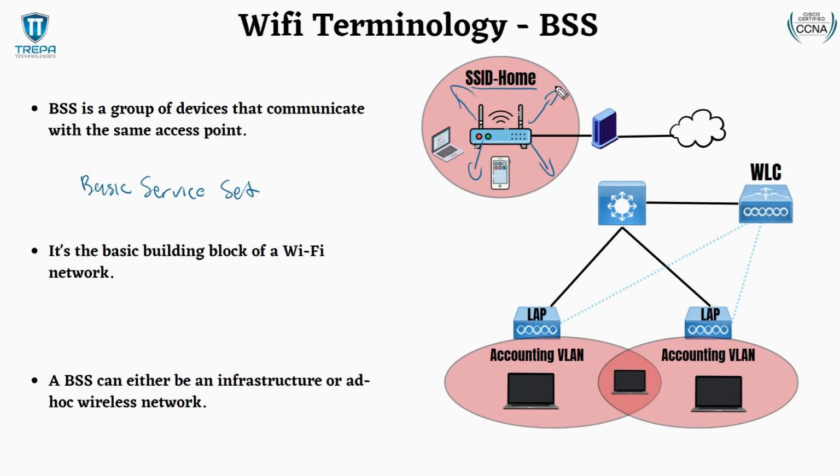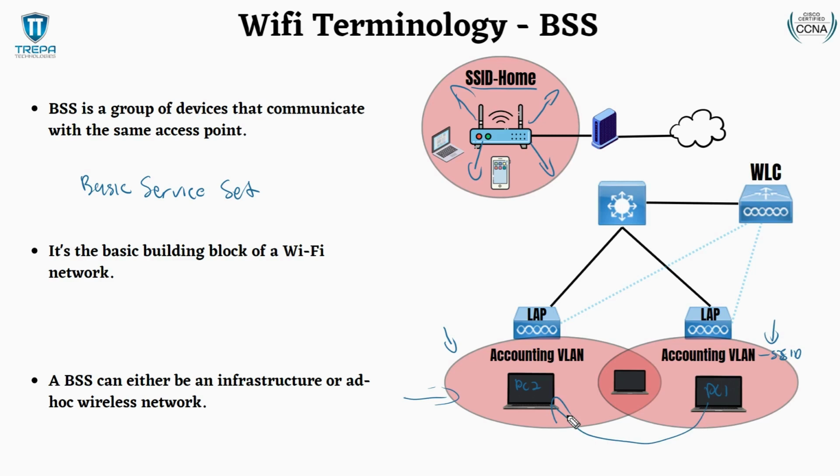Now, if you come down here and look at this network, what's going on here? So this is a basic service set, this oval, and this is a basic service set. They're different. Meaning that even if these computers, let's say this is PC1, this is PC2, even if they're connecting to the same SSID, let's say it's accounting VLAN, that's the name, this computer is not part of this computer's basic service set because we're talking just access point and the RF.